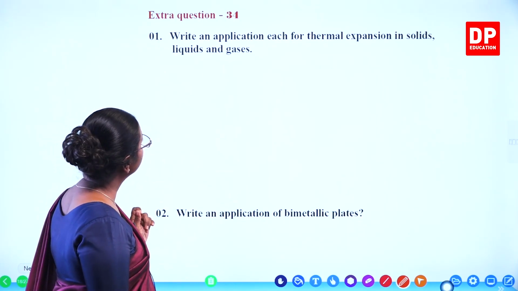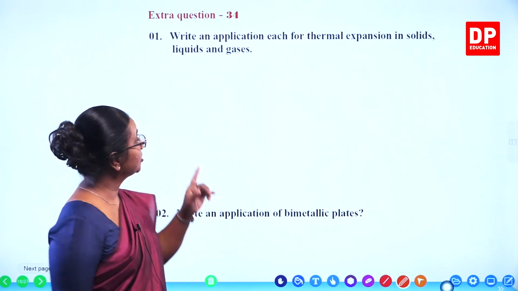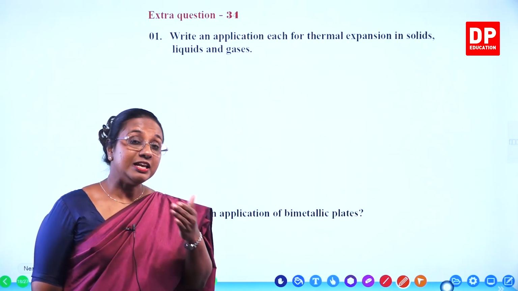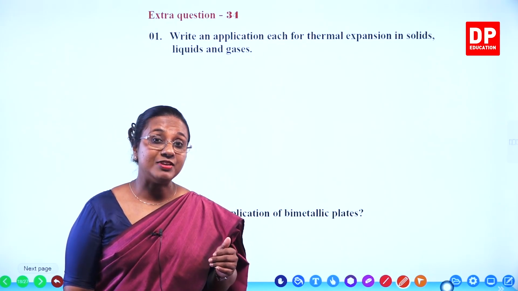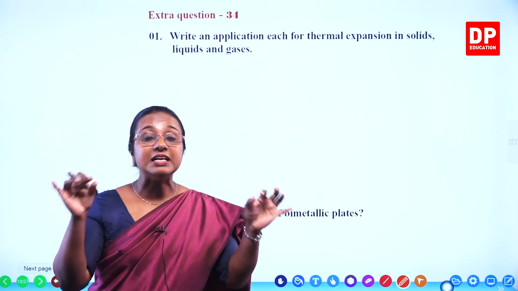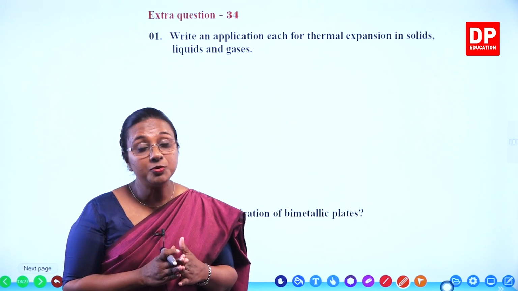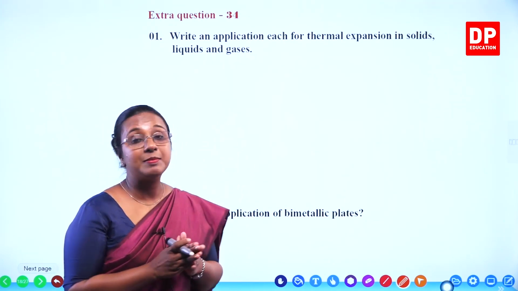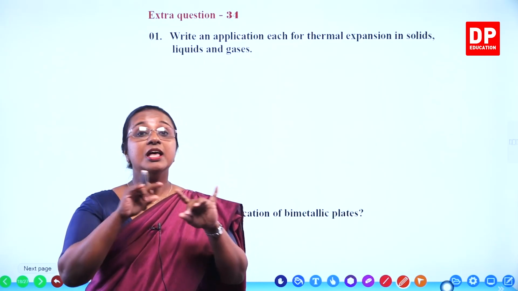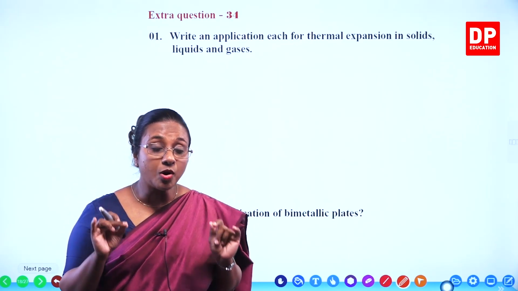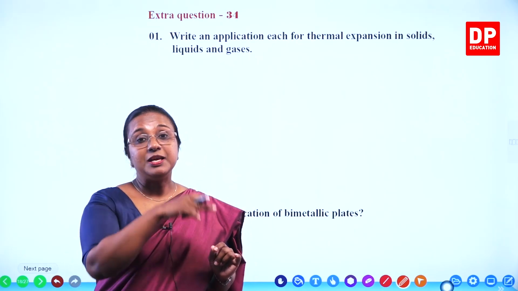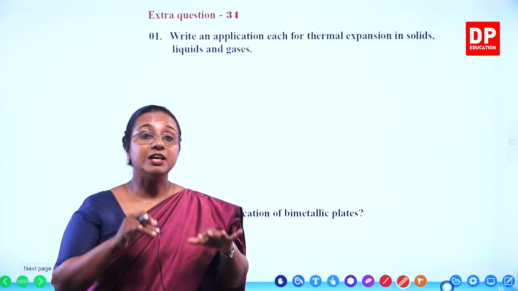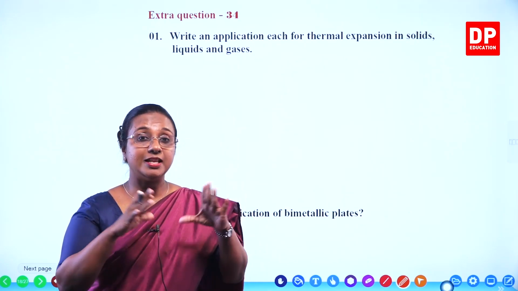So here they want you to write just one application of thermal expansion in solids. Even another example that we have discussed, fixing the metal rim to the wooden bullock cart wheel, also uses thermal expansion in solids. The metal rim is made a little smaller than the diameter of the wooden cart wheel, so that when you heat the metal ring, it expands.